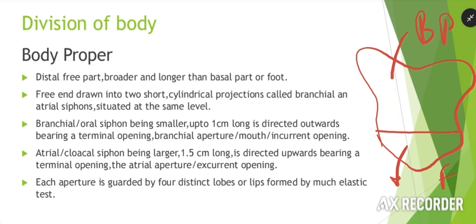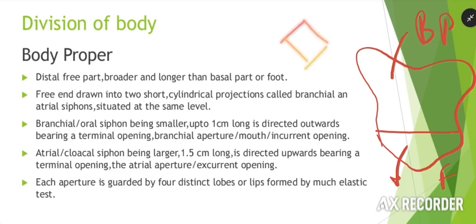Here is the atrial siphon, which is directed upwards and is 1.5 centimeters long, as stated here. This one is known as the excurrent opening, that I have already told you. Each aperture is guarded by four distinct lobes or lips formed by the elastic test.